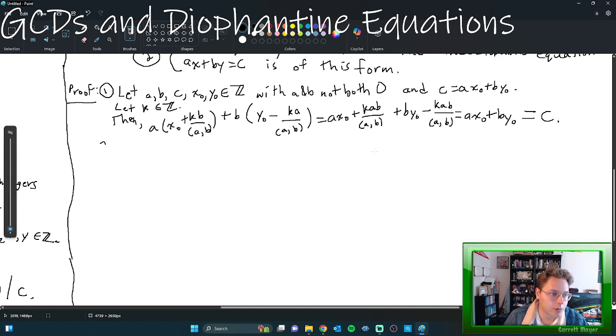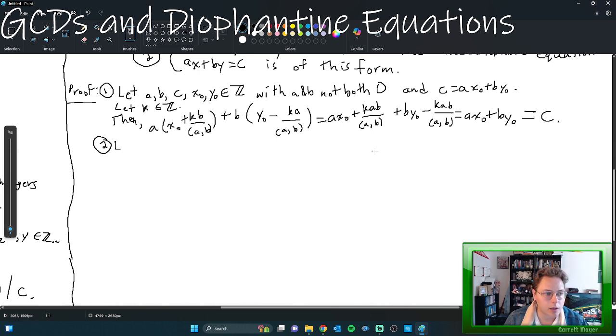This first part was a lot shorter, but this part's going to be a little bit longer. The way that I'm going to approach it is by feeding in some random solution, which we'll call x prime, y prime, and saying that it works, and then we're going to prove that it must follow that form. If it is a solution, it must follow that form, is basically what we're proving.